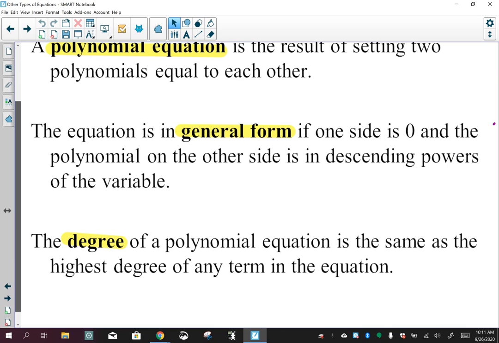And then the degree of your polynomial equation is the same as the highest degree of any term in the equation. So even if your equation is not in order, which it should be, because that's also another requirement for general form, you need to look for the highest exponent within that polynomial, and that will tell you the degree of the polynomial. Okay, so here we go.